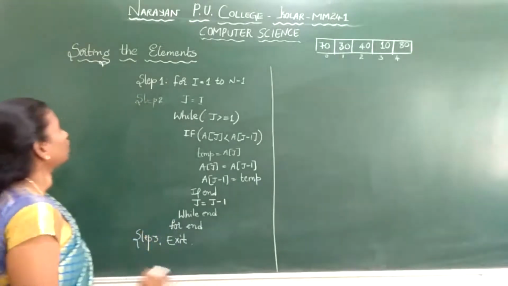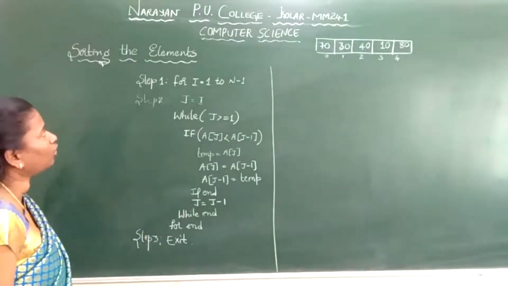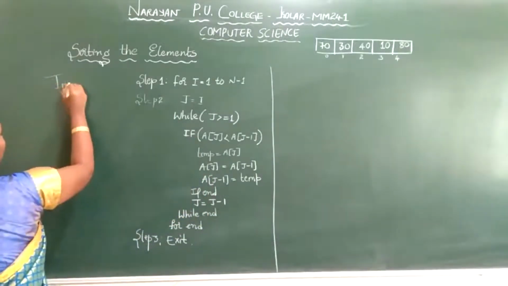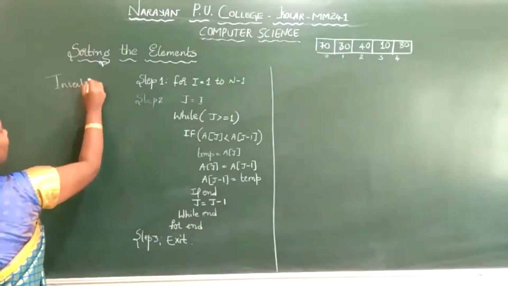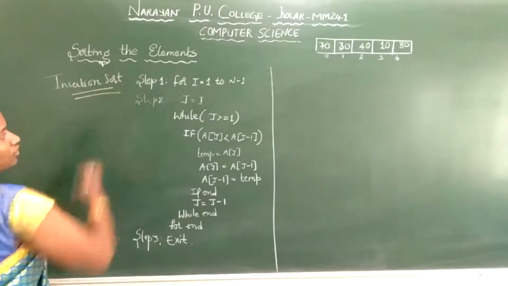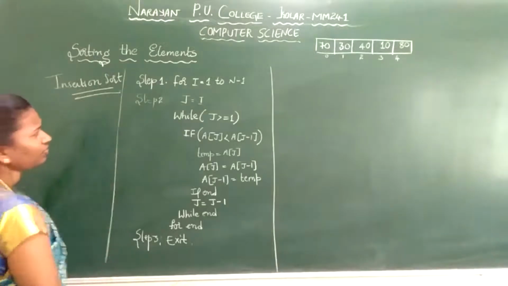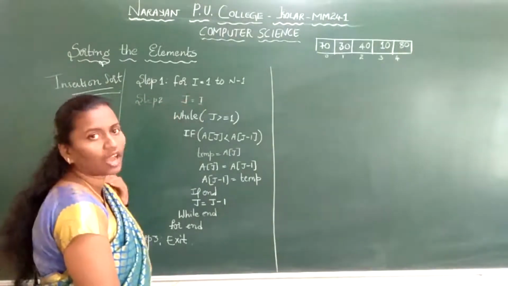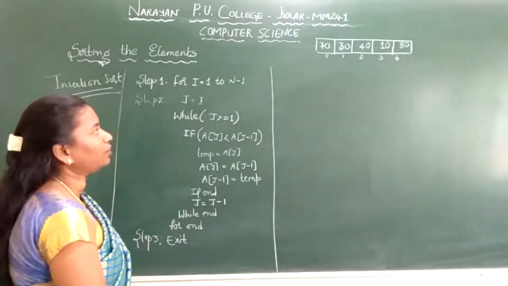Now see, this is the sorting, and this is your insertion sort. This is the algorithm for insertion sort. Step 1, I am using a for loop, initializing I is equal to 1 to n minus 1.